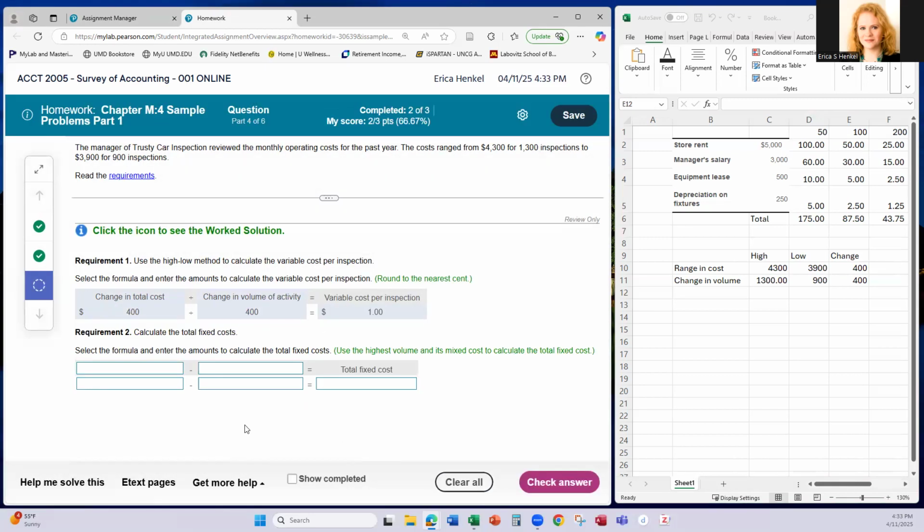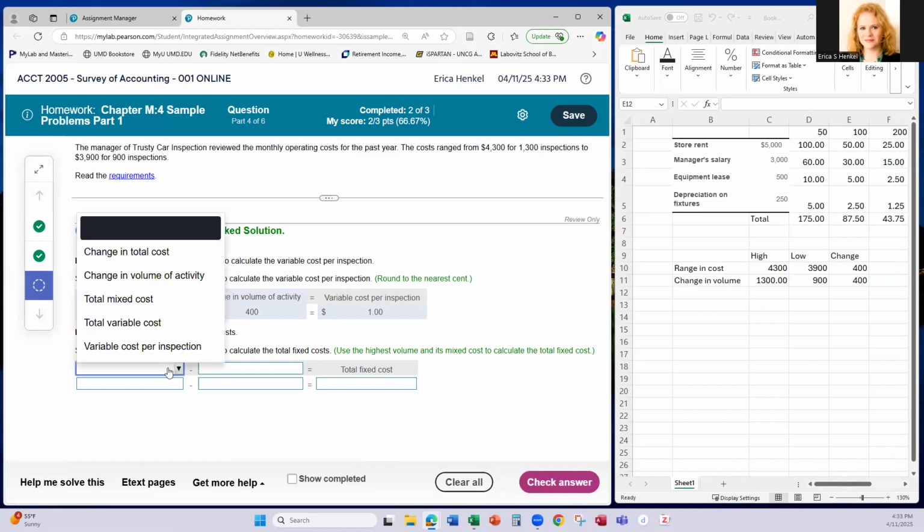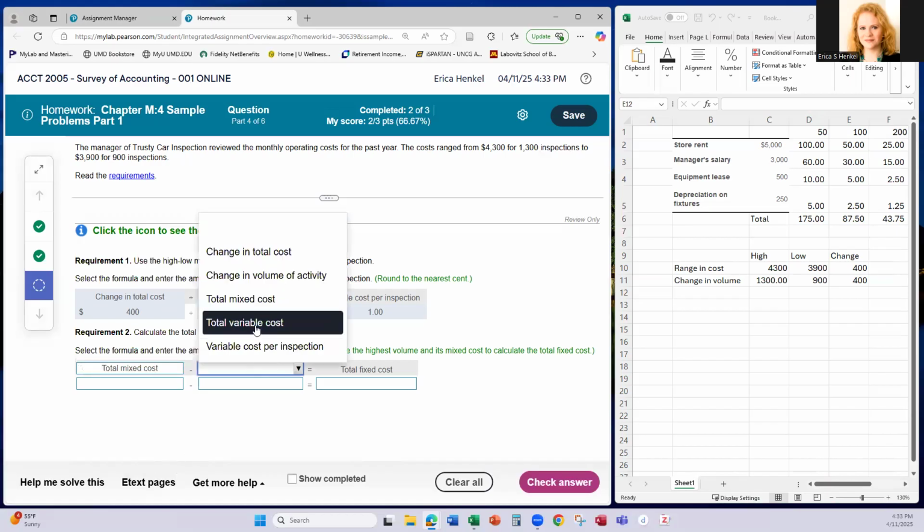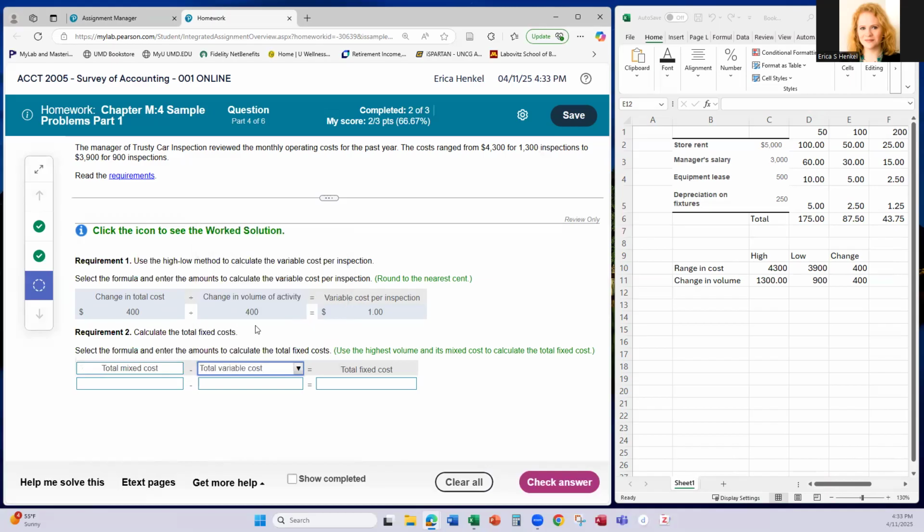Now, here we need to figure out what our fixed costs are. How do we figure that out? We take the total mixed cost, which includes the fixed and variable portions combined, minus the total variable costs at one particular level of production. Our total mixed cost at our highest level of production was $4,300.